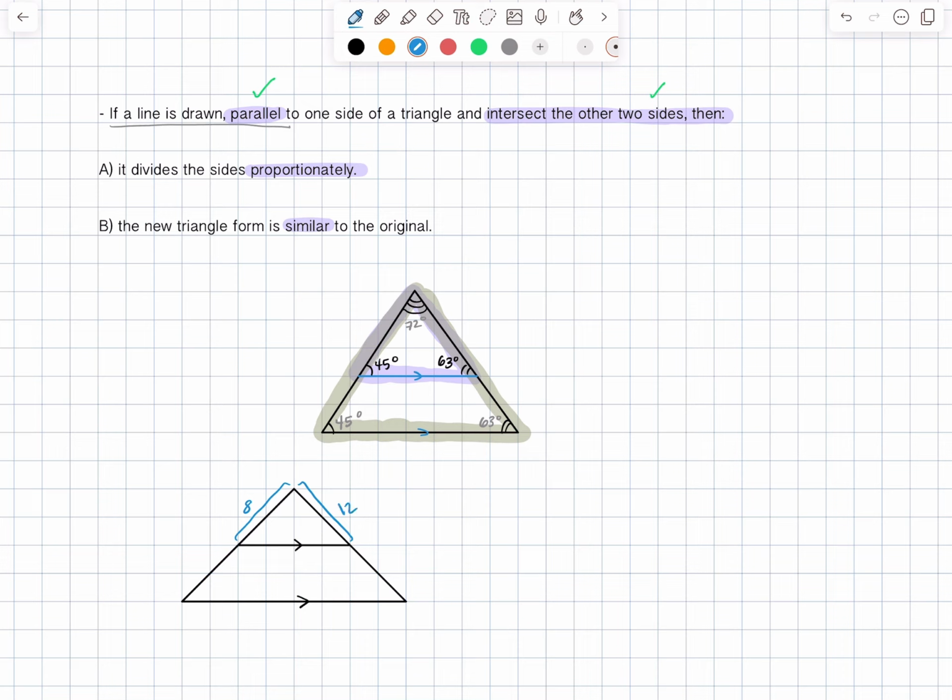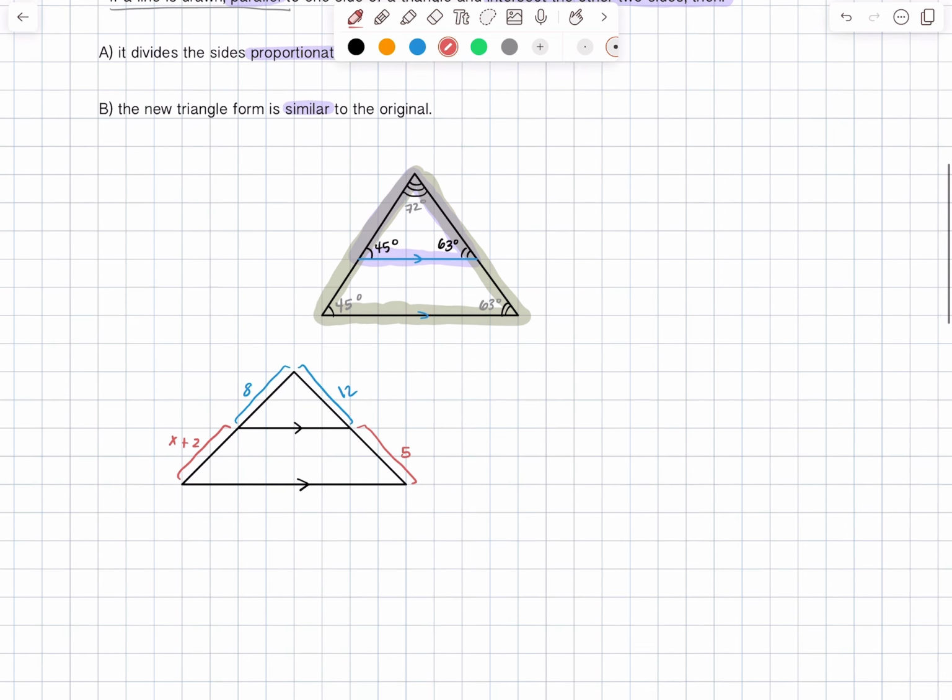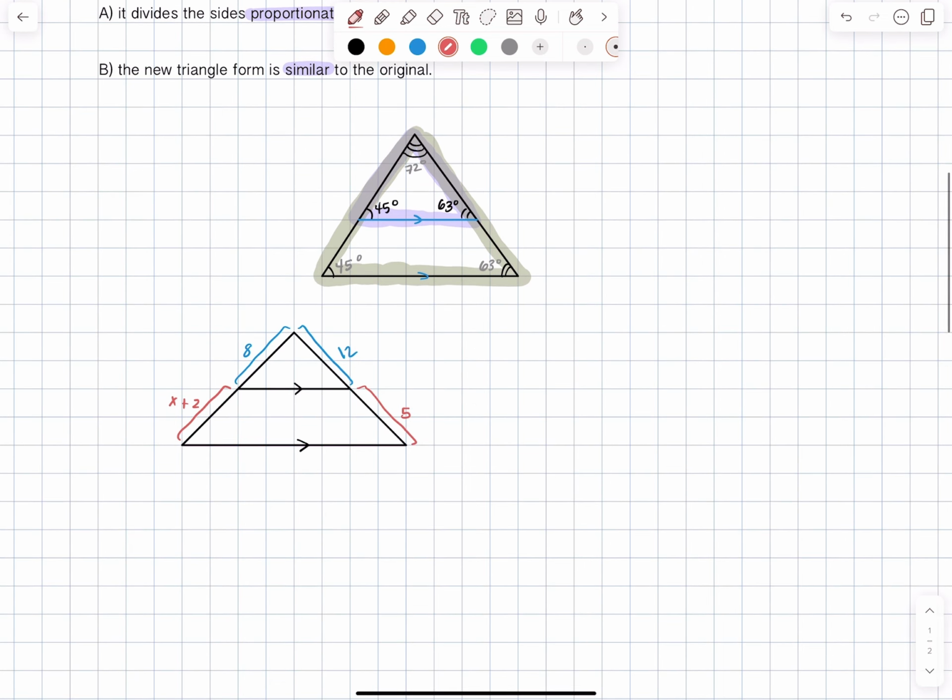And for the whole thing, let's just go for the bottom. This bottom part right here is x plus 2, and this is 5. Remember, since they're parallel, this line intersects both sides.